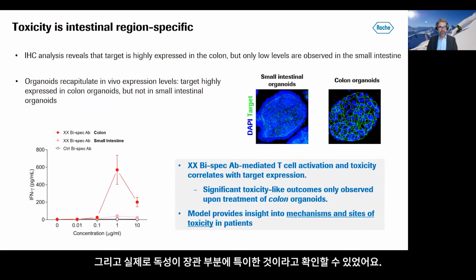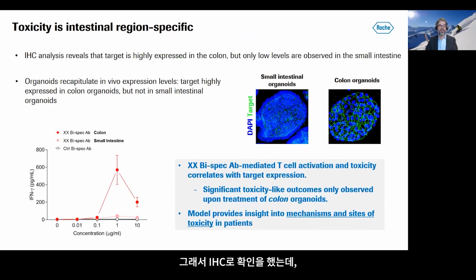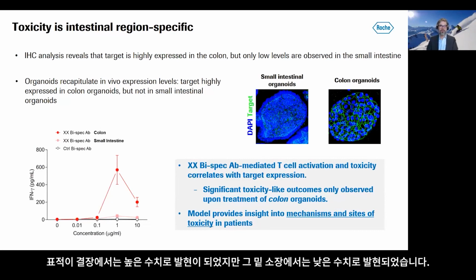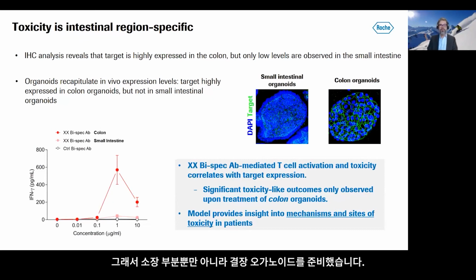We also could confirm that actually the toxicity is intestinal region specific. So it was something that we could confirm by IHC, so that the target is highly expressed in the colon, but only at very low levels further down in the small intestine. So we prepared organoids originating both from small intestinal regions, but also from the colon.